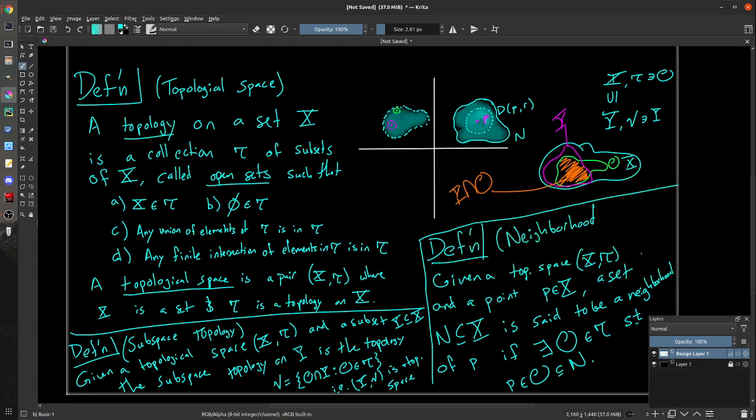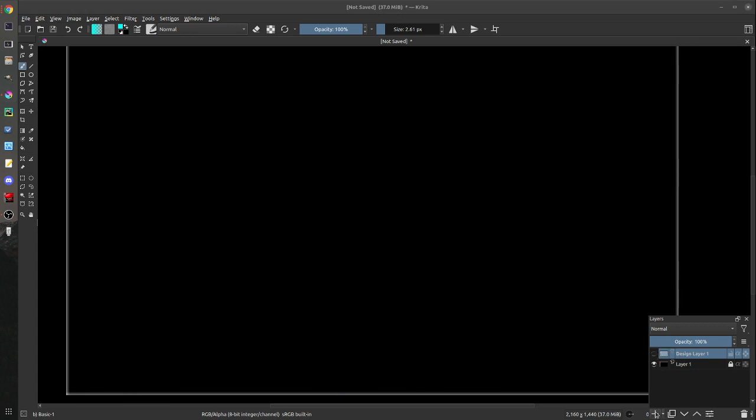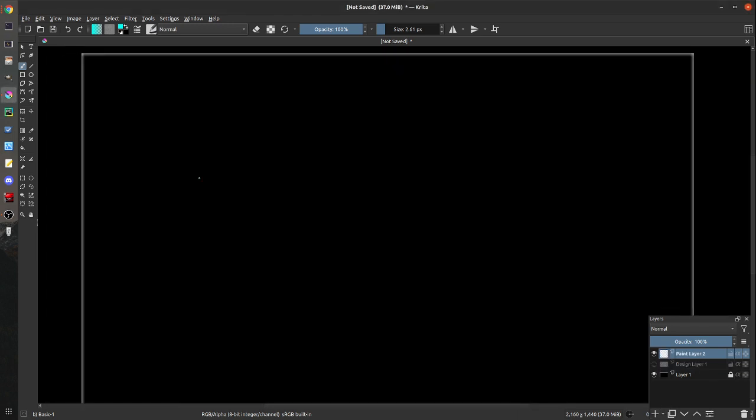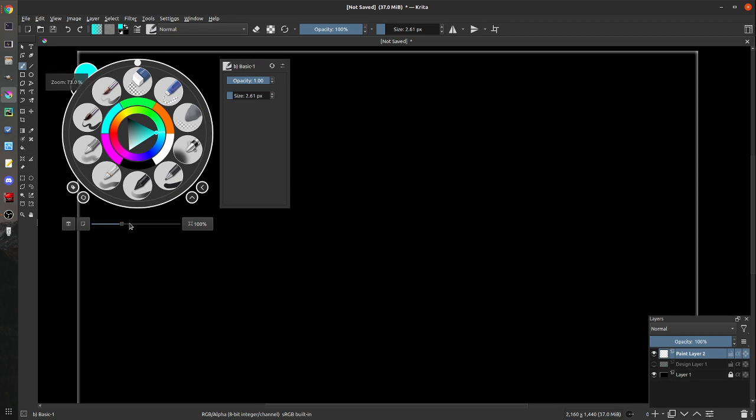So this is topological spaces, subspaces, topologies, neighborhoods, etc. And this will let us say certain things in much less cumbersome ways than your book wants to do. So I'm going to pop a new layer on here and continue a little bit more.